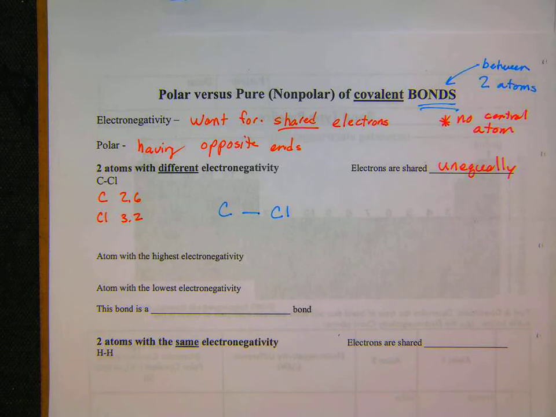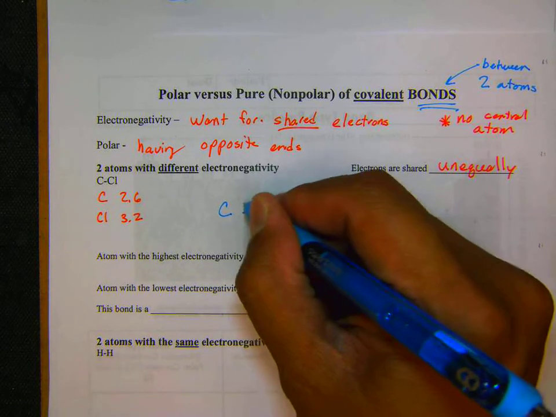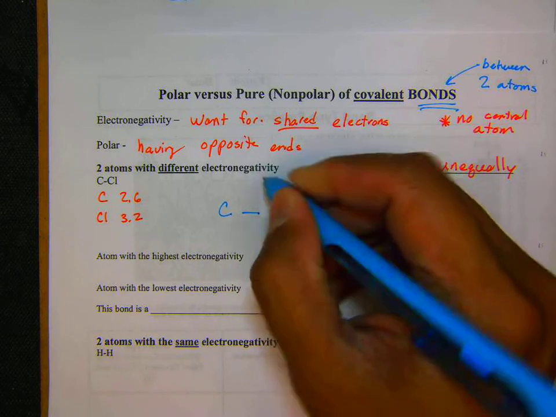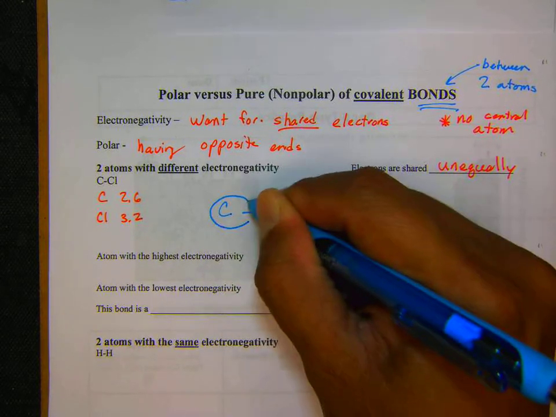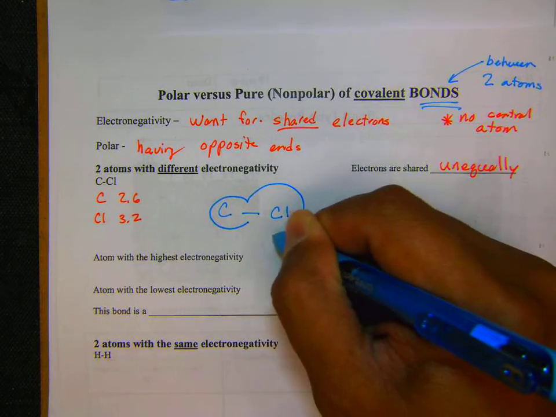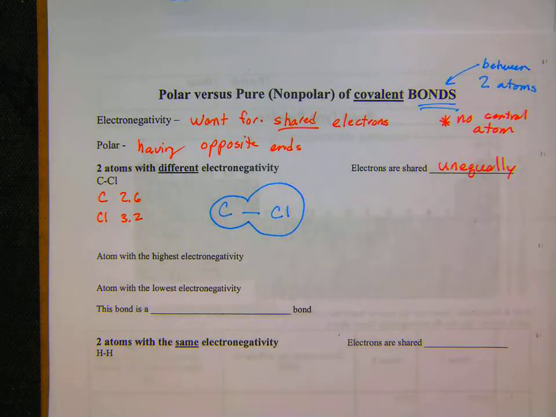They're sharing this electron, which will spend more time around chlorine than carbon. So the electron cloud would look a little lopsided and be more towards chlorine than carbon.